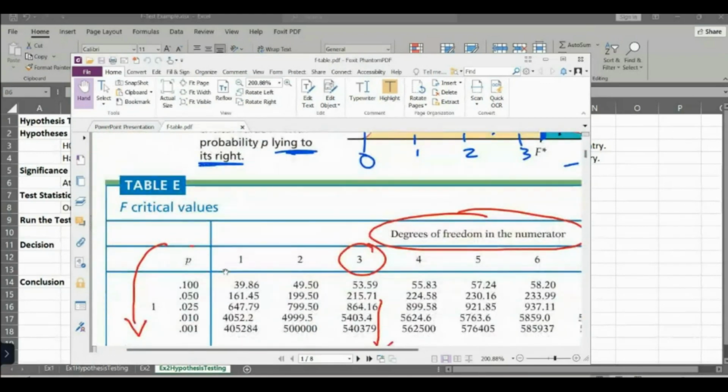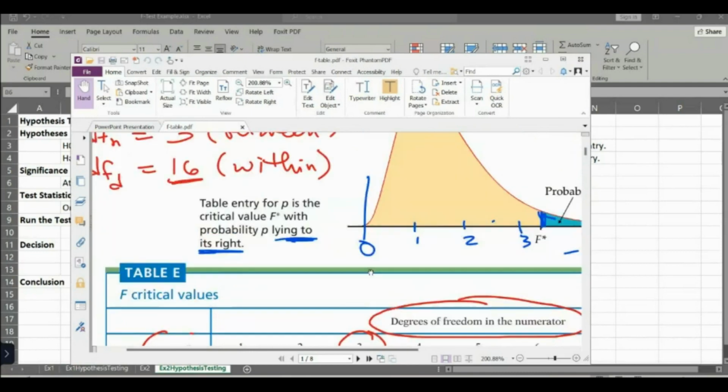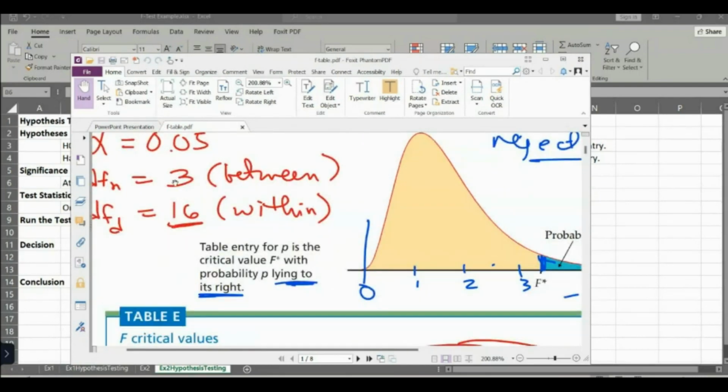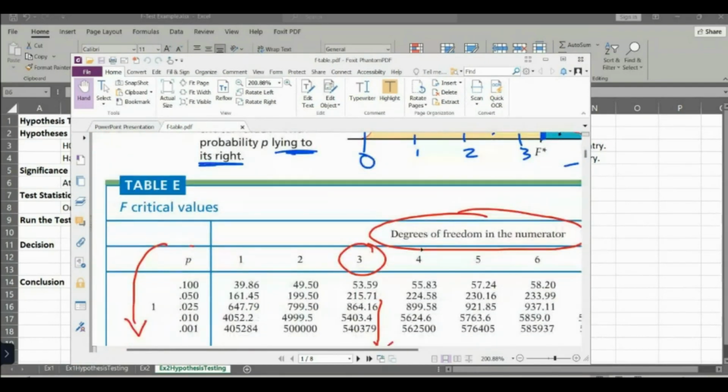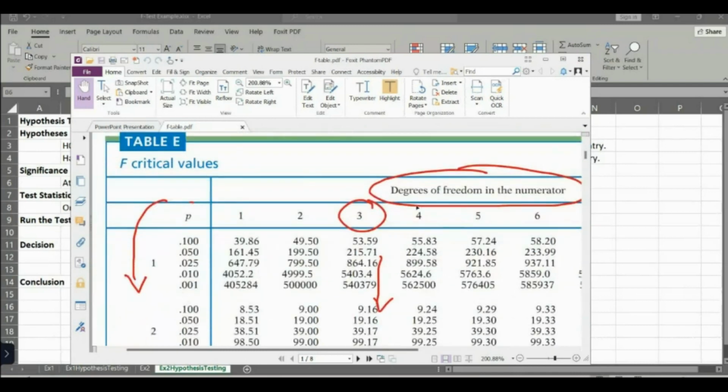On the first row, you can see the degrees of freedom between, which in our case is 4. So we will look at 4.